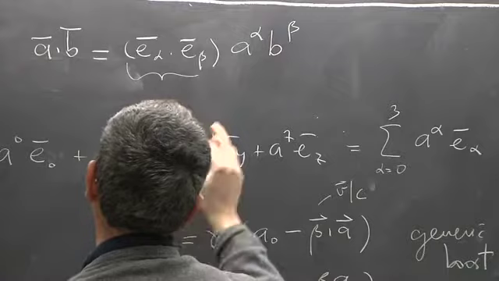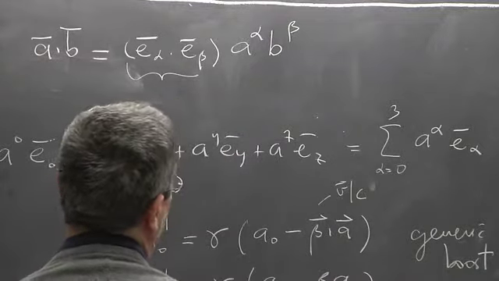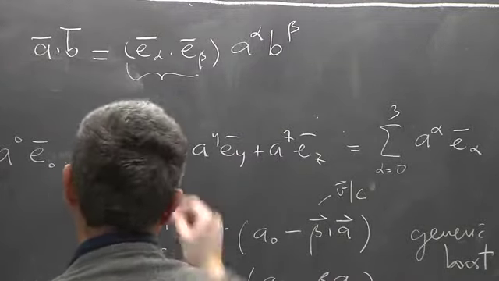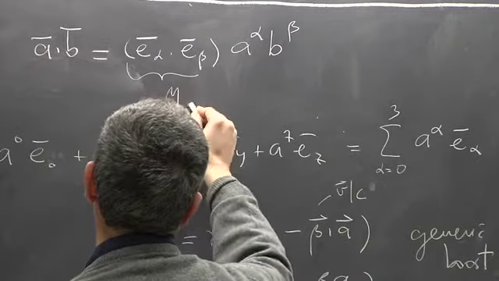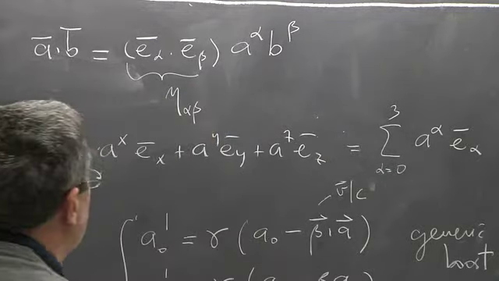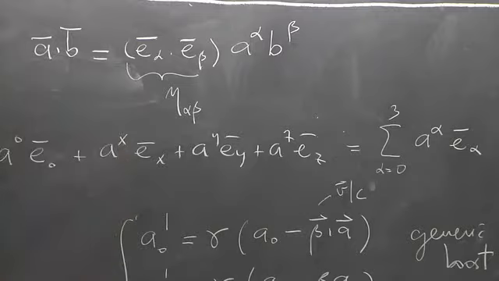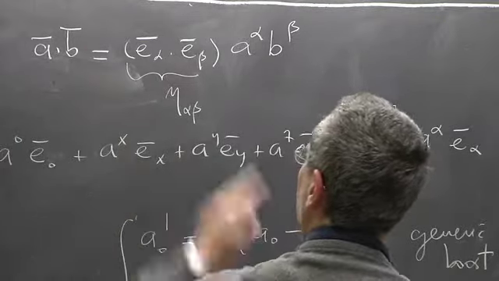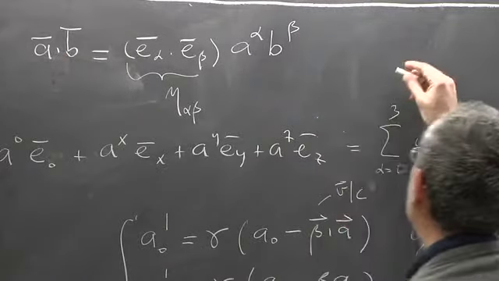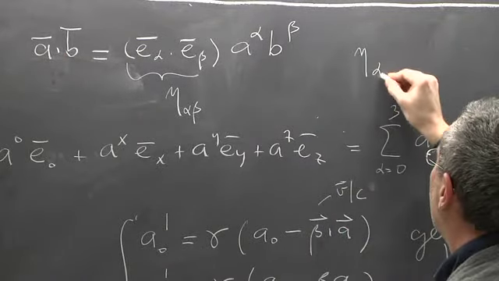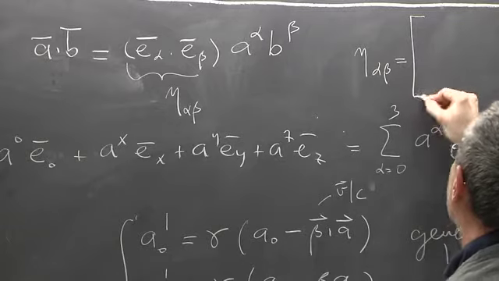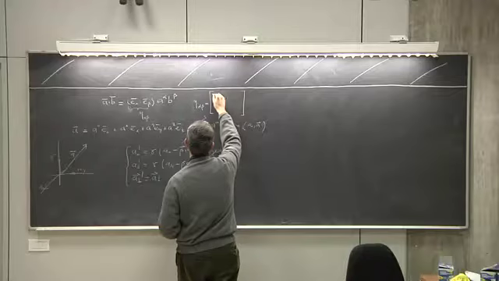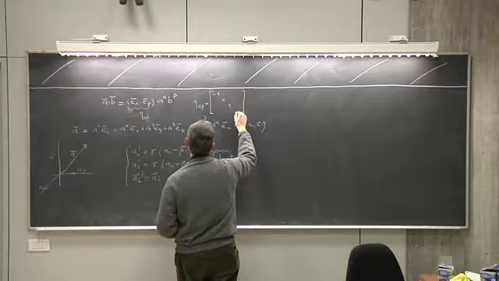This object here, the scalar product of the unit vectors, is what I call G, but maybe it's better to call it eta alpha beta. That is the metric tensor. It tells you how you do this scalar product. And if you remember, this eta alpha beta is not just the Kronecker symbol, because it has this -1 here, right?